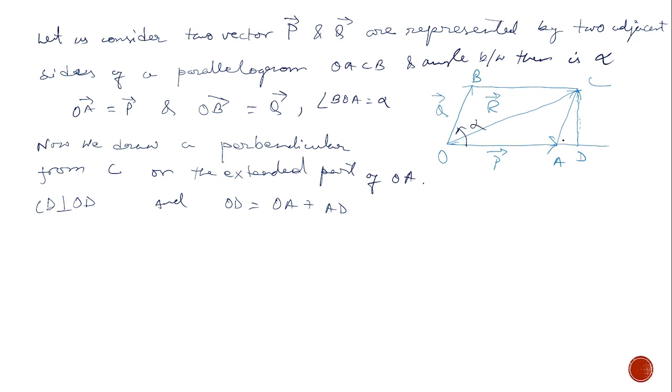So if this is alpha, this also will be alpha. Now what will happen? As we can see, OA is represented by P, OB is represented by Q, and diagonal OC is equal to R.